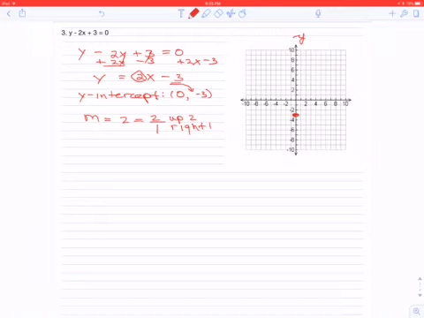So from our y-intercept, I'm going up 2, 1, 2, right 1. There's our point. That's enough to draw a graph. So draw a line through those points. Label my axes. And the graph is done.